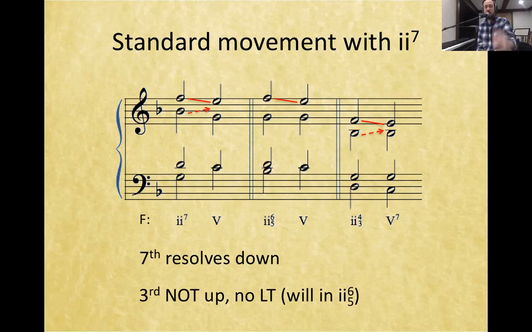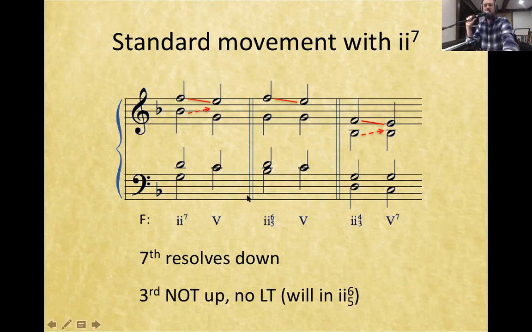In the middle example here, 2/6/5 to 5, we are still going to see the 3rd go upwards. So it's not that it can't, but here it wants to go upwards because it's Fa in the bass going to Sol, the root of 5, and then probably to 1. Right, so as long as we resolve the 7th downwards, we're in pretty good shape here.